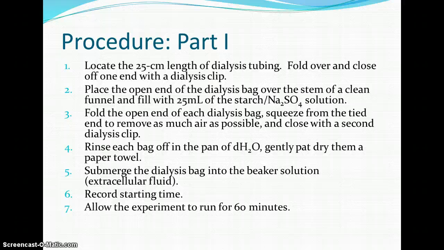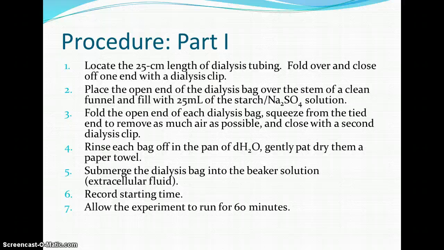And once we got that in, we squeezed all the air out, and we folded the other side and closed that with the second dialysis clip. We then rinsed it off, and we patted it down so it was dry.